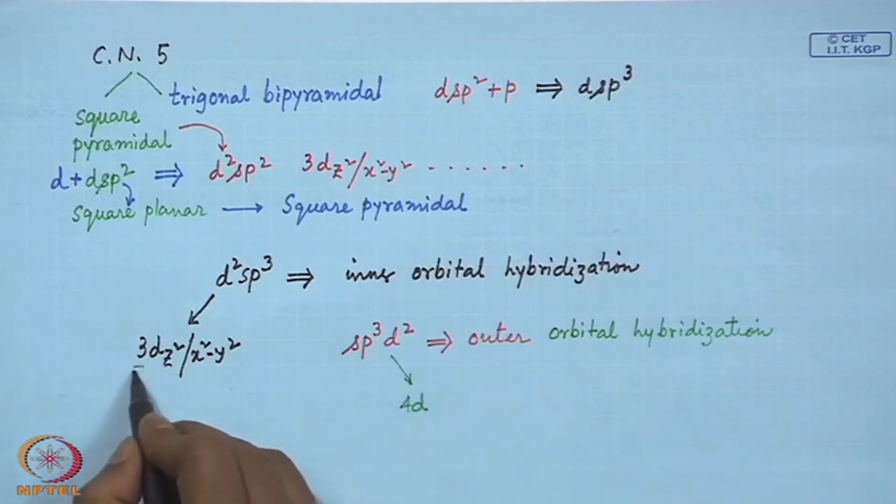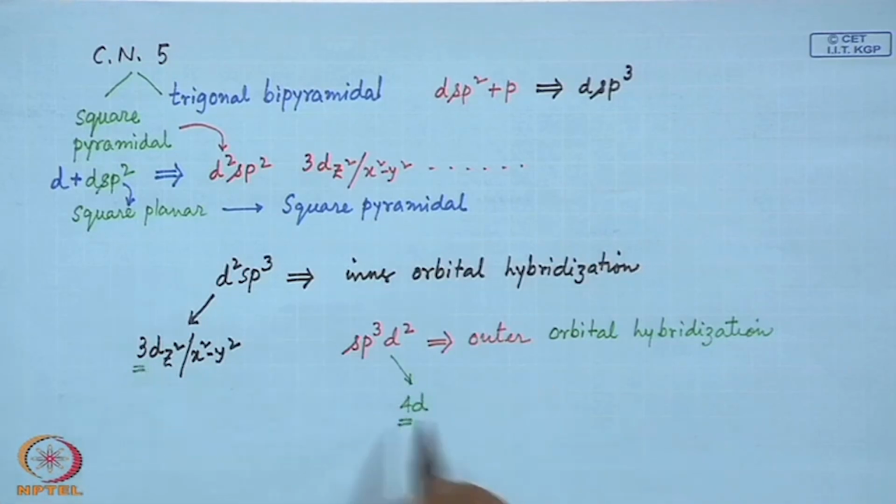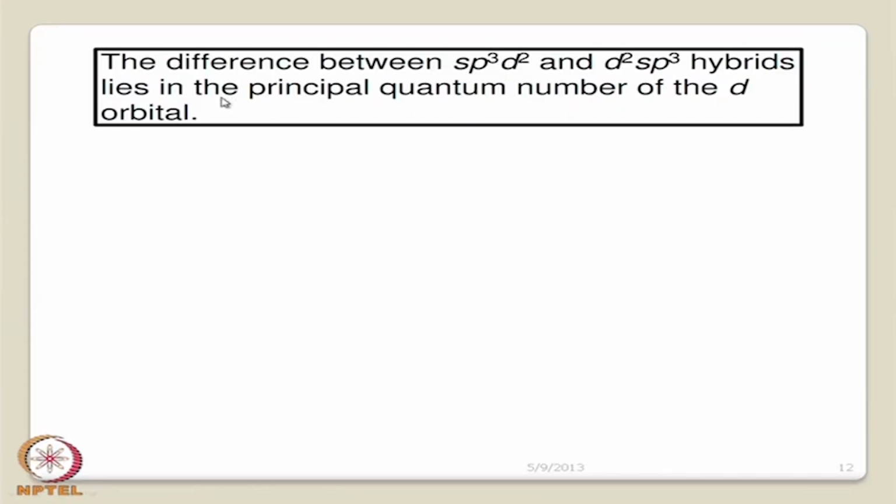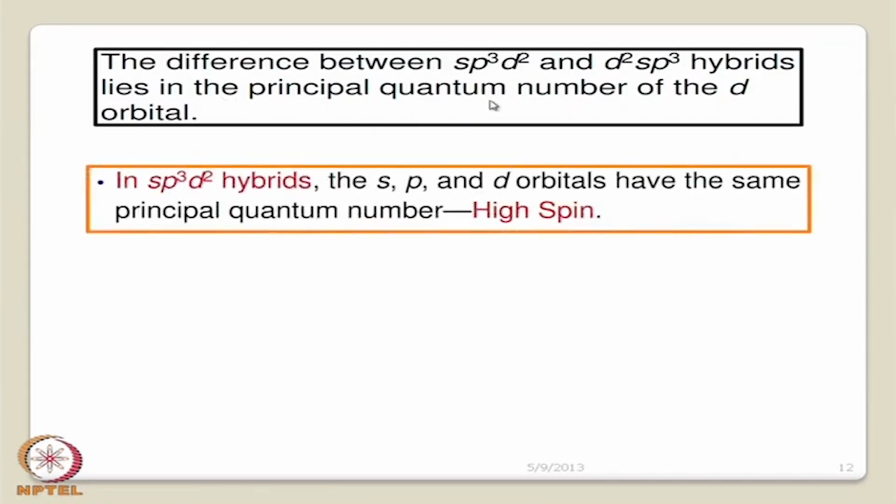So we are talking about a change in the principal quantum number. In one case it is the 3d level, in another case it is the 4d level.